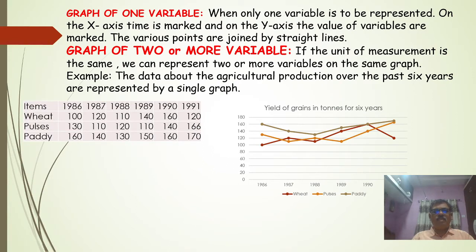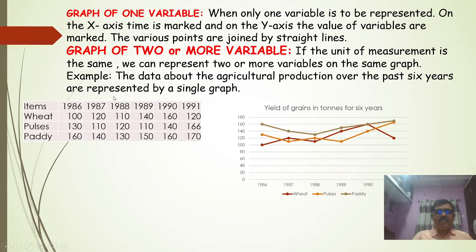The next one is the graph of two or more variables. If the unit of measurement is the same, we can represent two or more variables on the same graph. For example, the data about agriculture production over the past 6 years are represented by a single graph. That is, in 1986, 87, 88, 89, 90, and 91.